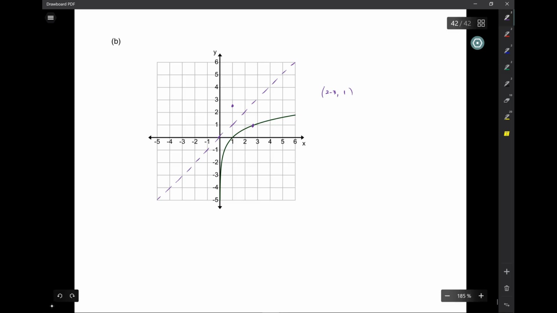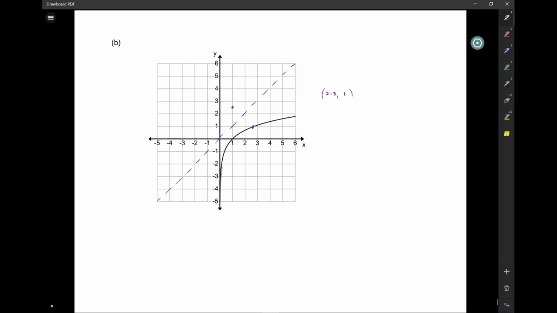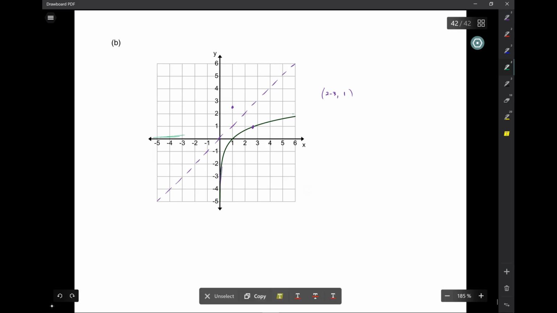And now, take a look at this. If this business about inverses is interchanging x and y, right? Where does this look like it has an asymptote? At the y-axis, right? Yeah, at the negative y-axis. So the inverse will have an asymptote at the negative x-axis. Okay? And now look, what's happening here?